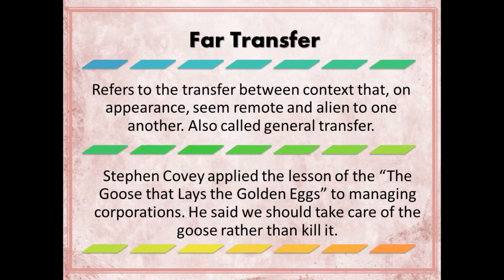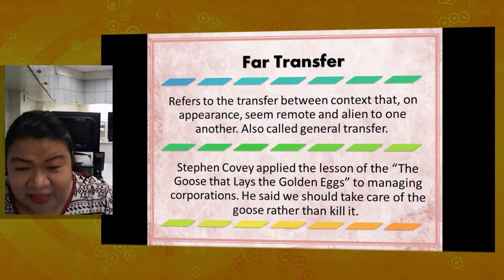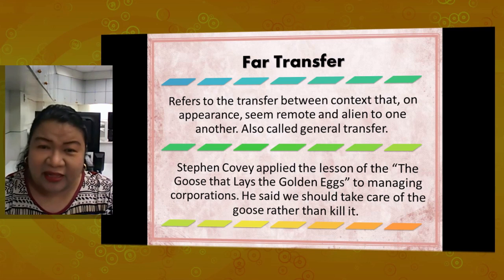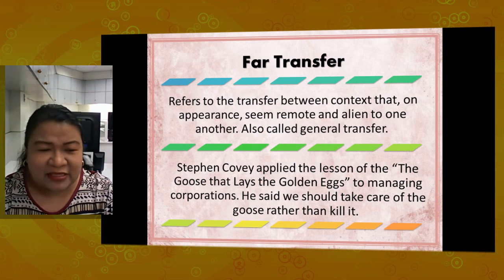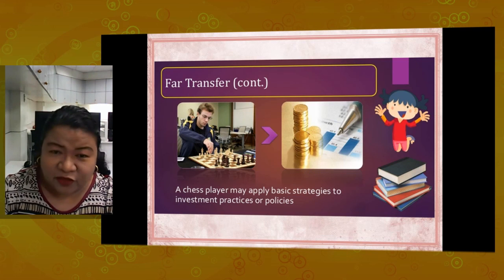You remember the concept of Ausubel, where you use an analogy to understand a new concept. Can you think about it? Did you say combinatorial learning? So you are right if you said combinatorial learning. It is very similar to what we call far transfer.